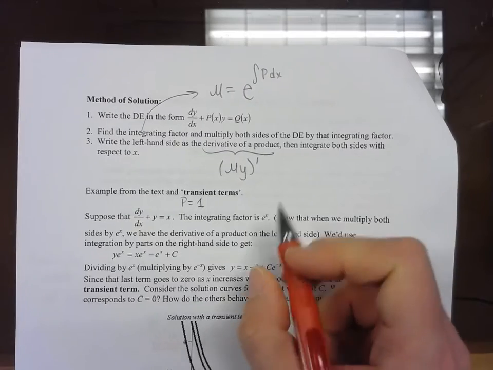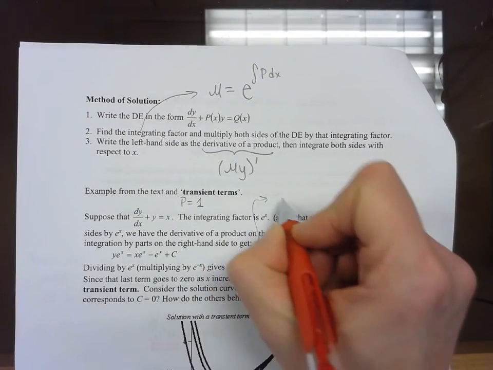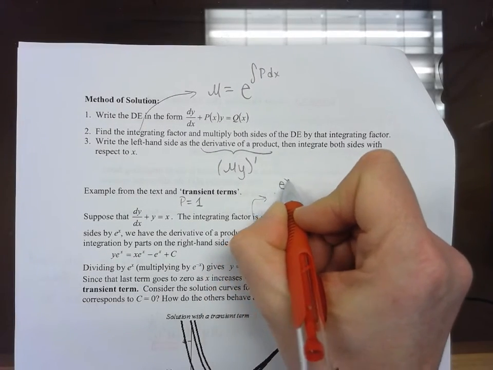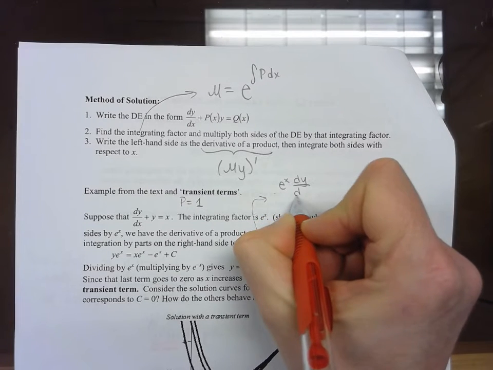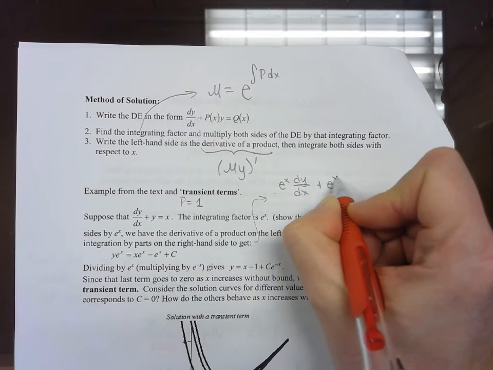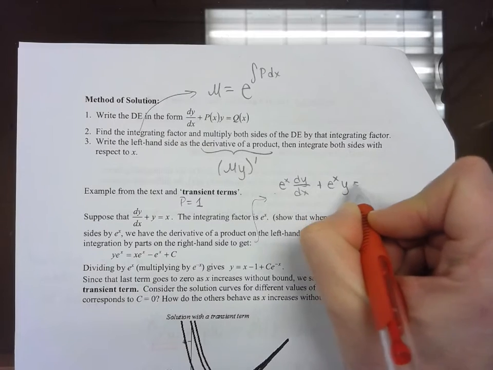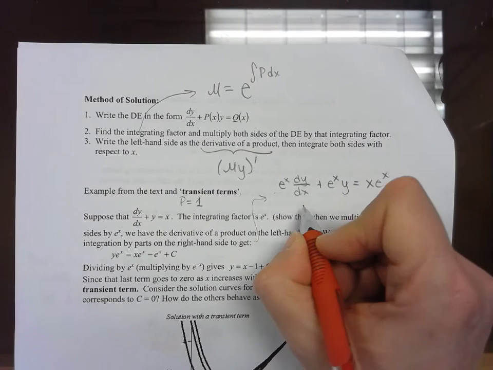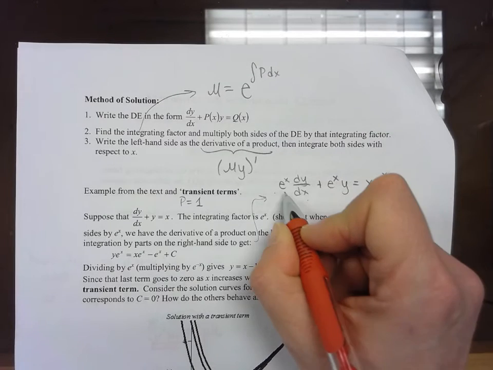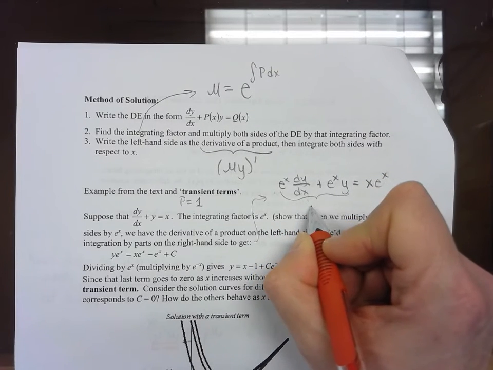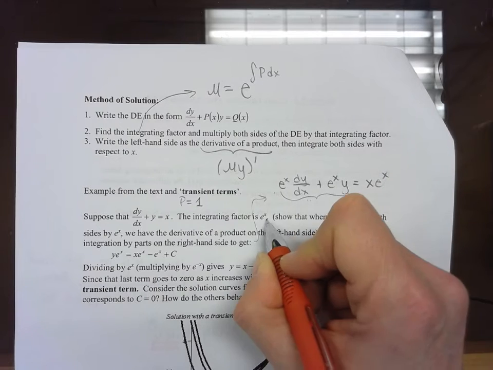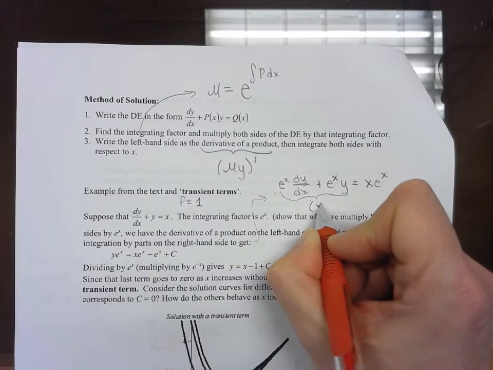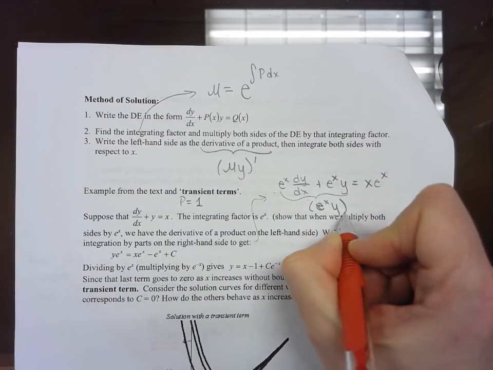So I'm going to do it up here. I'd have e to the x dy dx plus e to the x times y equals x e to the x. And then the left-hand side, I want it to be mu y prime, but mu is e to the x, so e to the x times y, and then the whole thing prime.